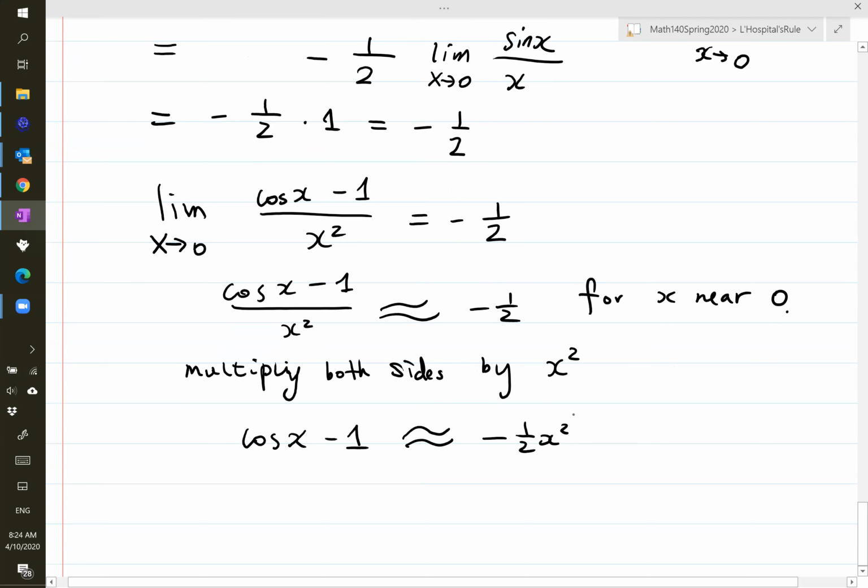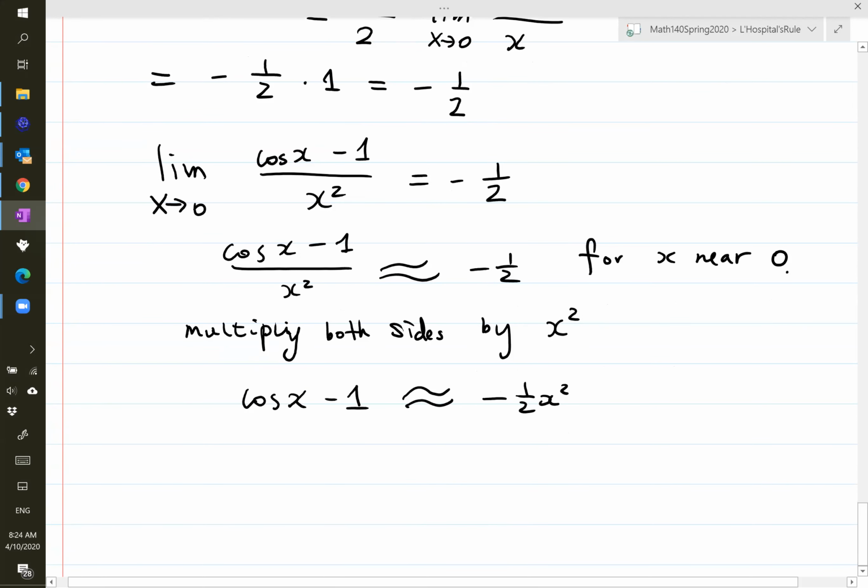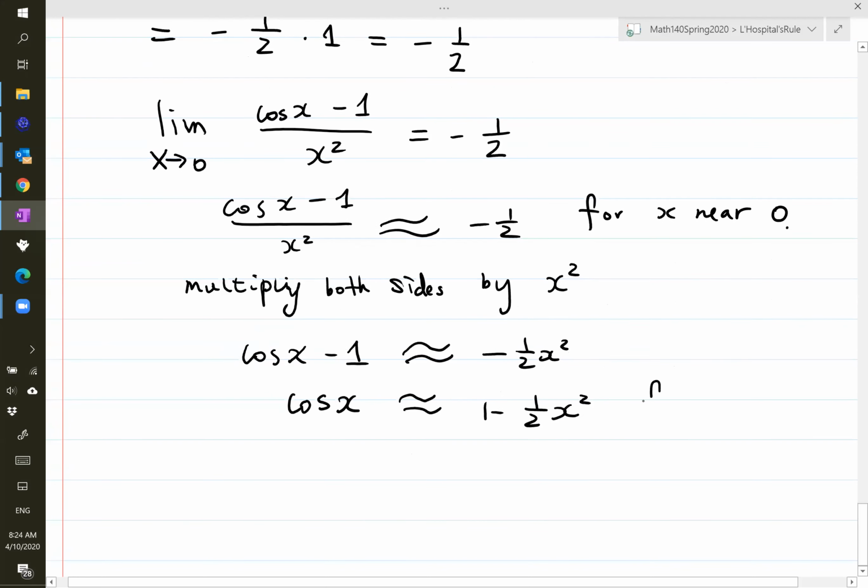Then move the negative 1 to the right side, and you get positive 1. So cosine x is close to 1 minus 1/2 x squared for x near 0. Now let's check how good this approximation is.